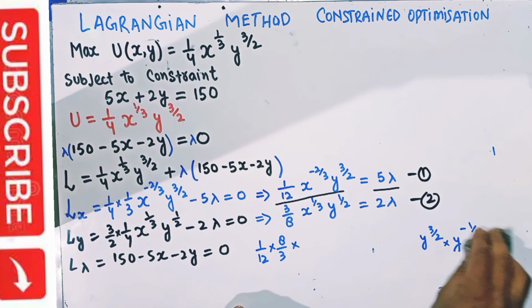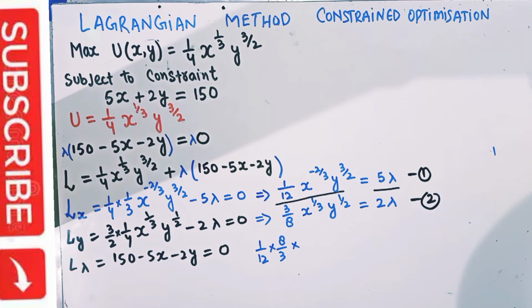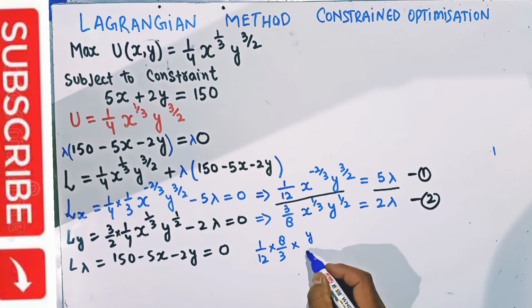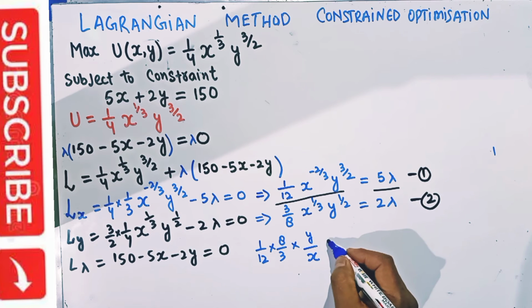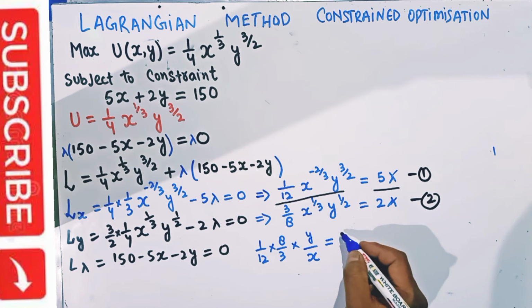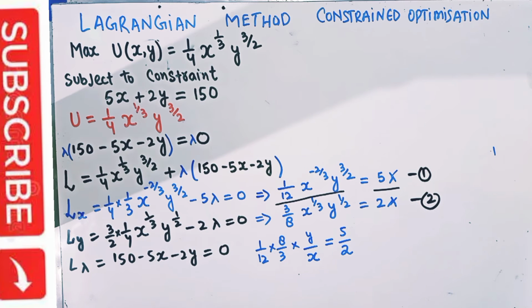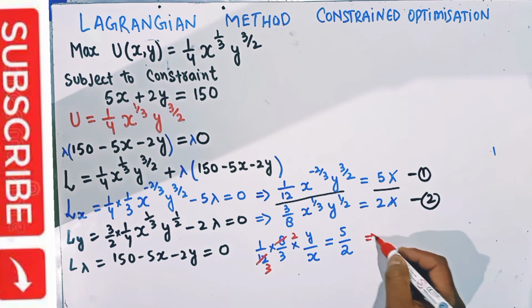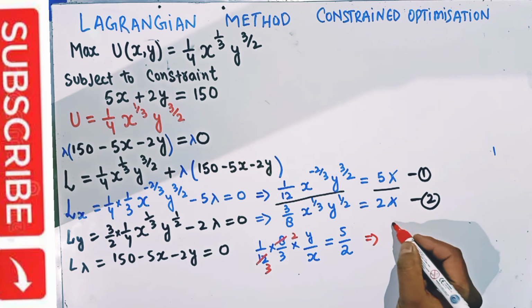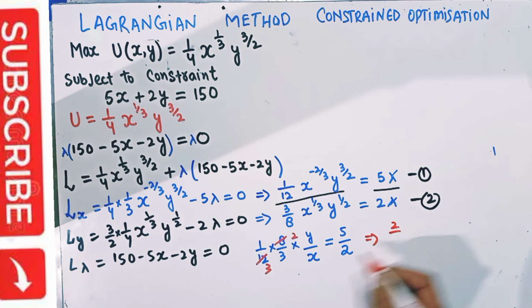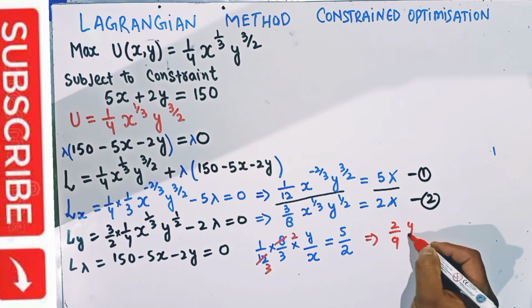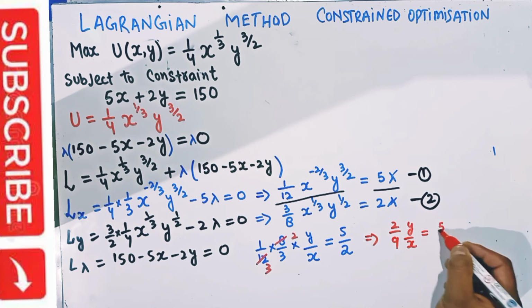So let us see what we got here when we solved this. So we got y in the numerator and x in the denominator as I have explained. Here lambda and lambda will get cancelled, we will be left with 5 upon 2. Here it becomes 8 upon 3, or let us try to solve this out here. So 4 twos are 8, 4 threes are 12, so we will get 2 upon 3 into 3 is 9, y upon x is equal to 5 upon 2.